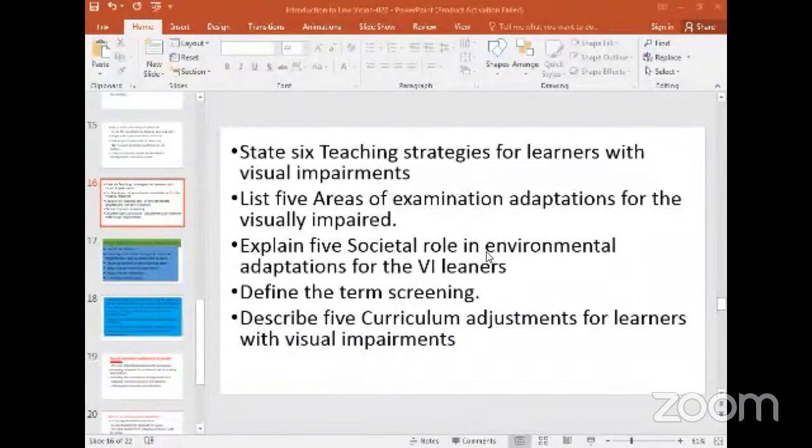What are the societal roles in environmental adaptations for the visually impaired learners?